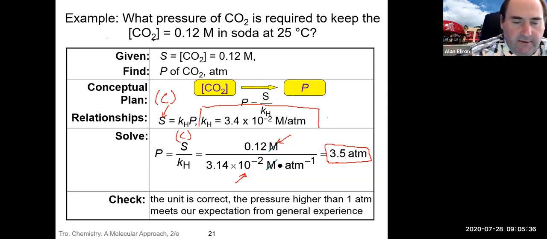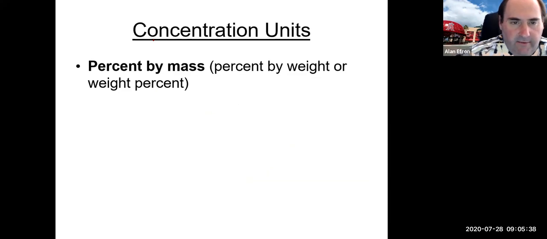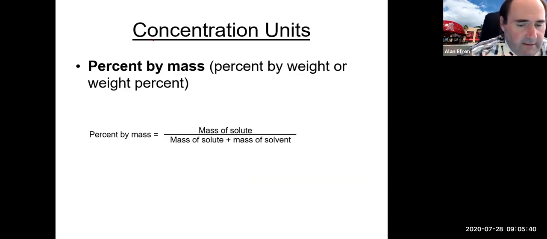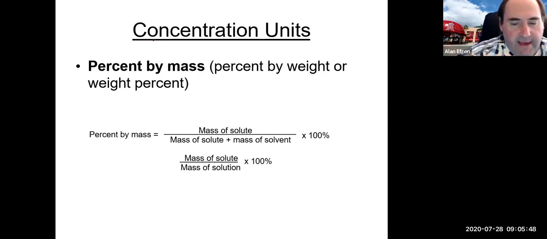All right, we're going to go through the next little part quickly, because I believe we talked about all these already and did these examples, but here's a reminder of some concentration units. This is percent mass to mass, percent m/m, which remember is the mass of the solute over the mass of the solution times 100.